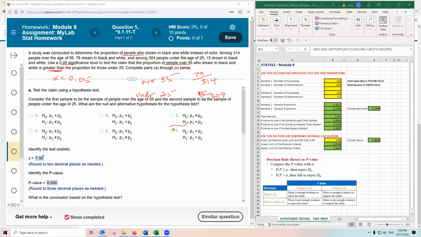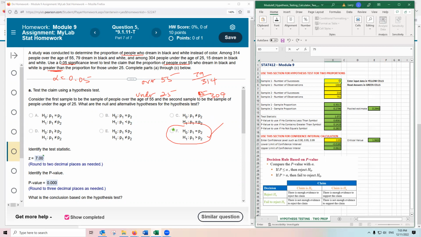Well, if it's greater, we're going to be using this setup here with a greater than in the alternative. All right, so let me come over here to Excel, enter in the data. This is the over 55 crowd, 79 out of 314, under 25, 15 out of 304. Okay, let's come over here to the test statistic. Test statistic is 6.999.